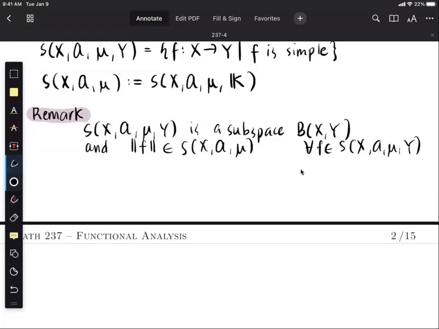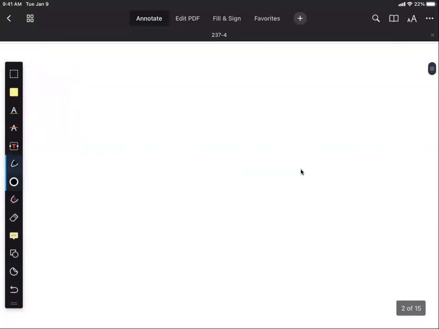So with this definition, a simple function in this pre-measure space with values in Y can be represented as follows.